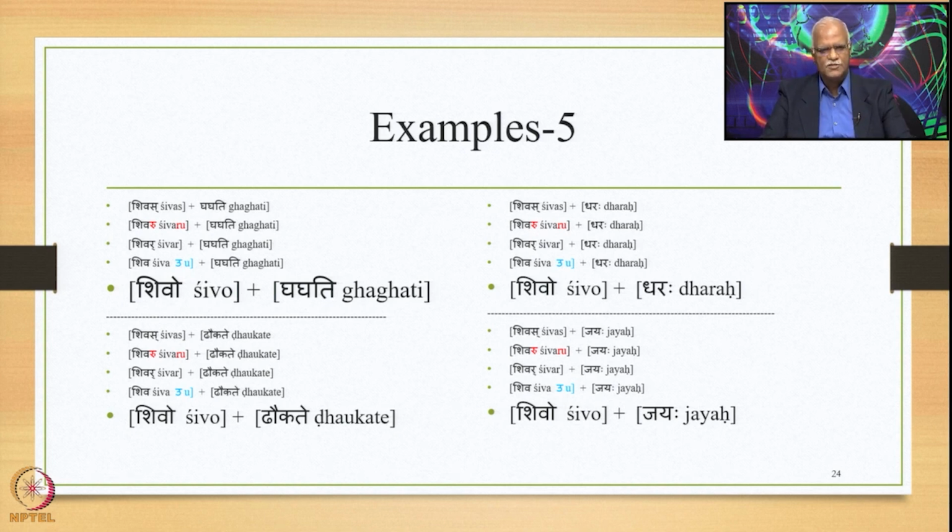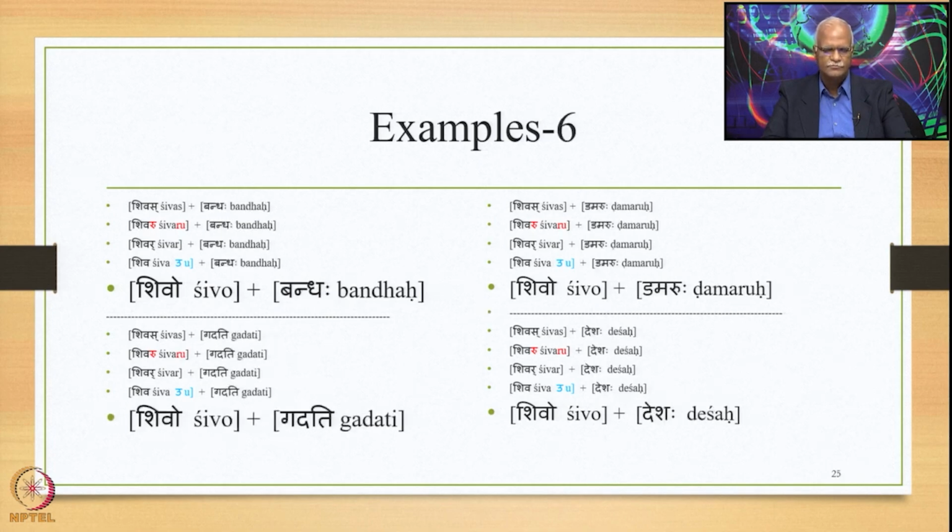Then we have Shivas plus Dhaukate, and finally we get Shivo Dhaukate. Then we have Shivas plus Dharaha, and the finally derived form is Shivo Dharaha. Then Shivas plus Jayaha as the input, and the finally derived form is Shivo Jayaha. Then we have Shivas plus Bandhaha as the input and Shivo Bandhaha as the output.